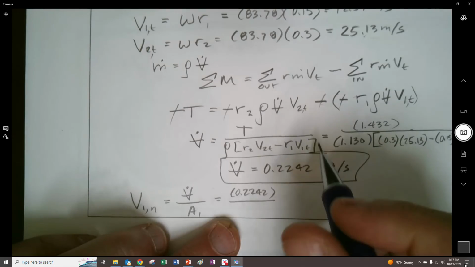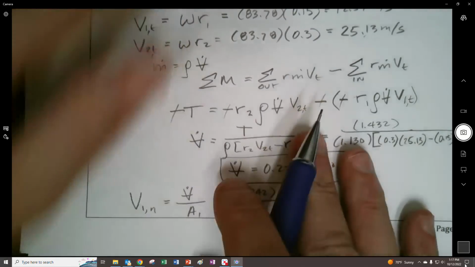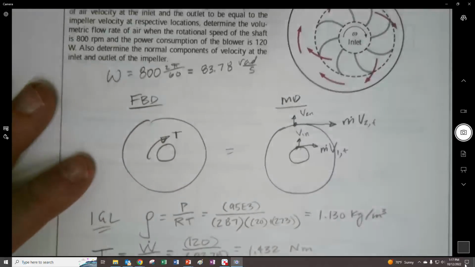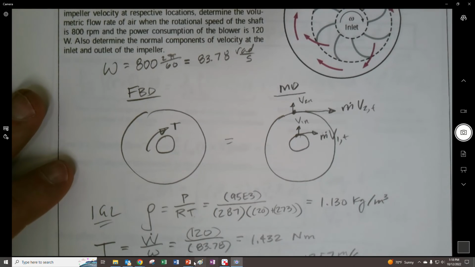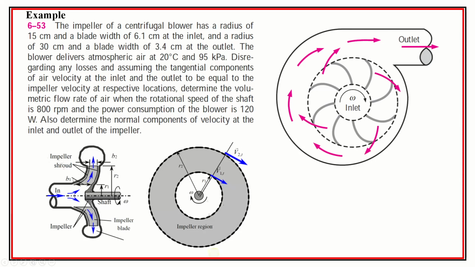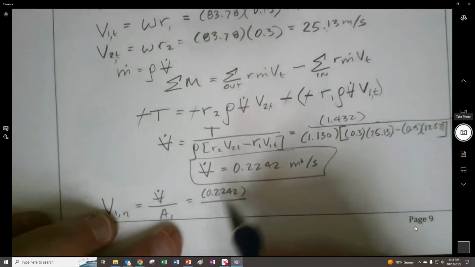It's going to be the band that would be the thickness right here. So remember up over here, let's take a look at that. This is 1. So it's going to be that width times the circumference right here. That circumference times this thickness is going to be the area of the inlet.